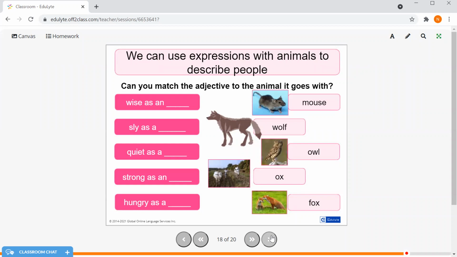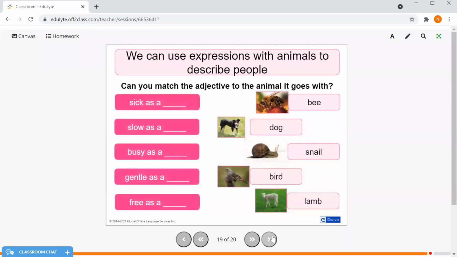Quiet as a mouse. Strong as an ox. Hungry as a wolf. So these are a few of the animal idioms that we use to describe people.